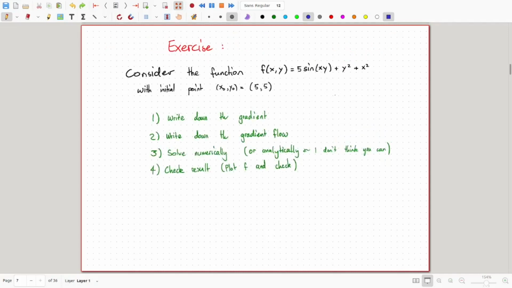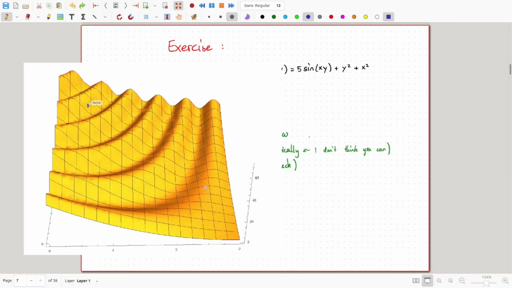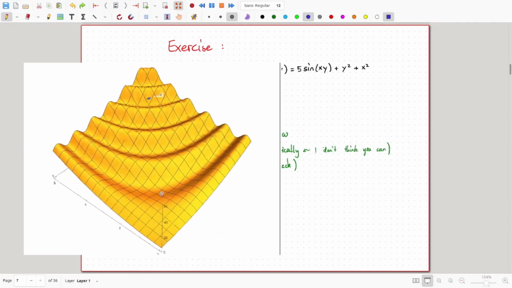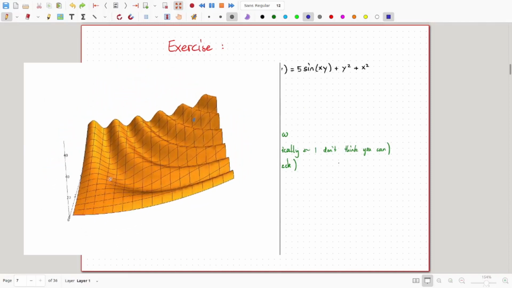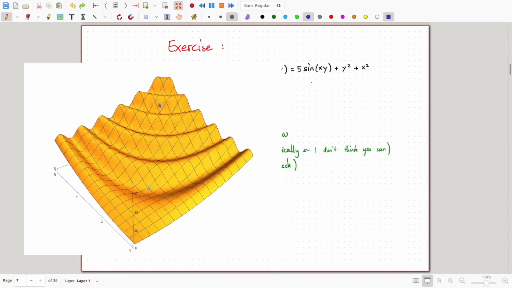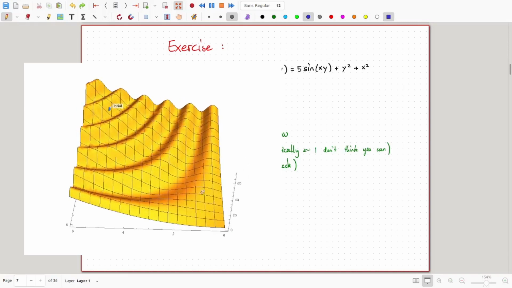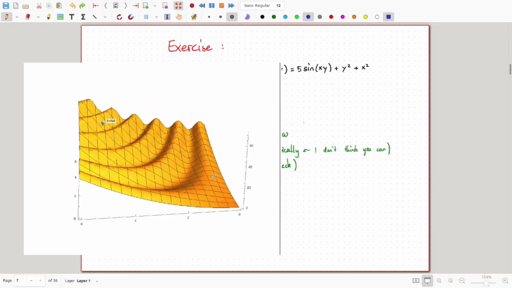Okay, so now a quick exercise for you, if you're interested, is to consider the following function, 5 sin(xy) plus y squared plus x, with some initial point, and I'll just plot right now what this function looks like on screen. Looking at the initial point, you can potentially guess where the gradient flow should rest in the end.